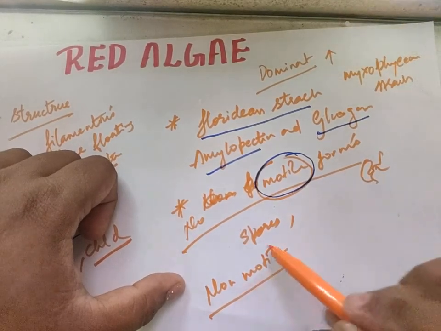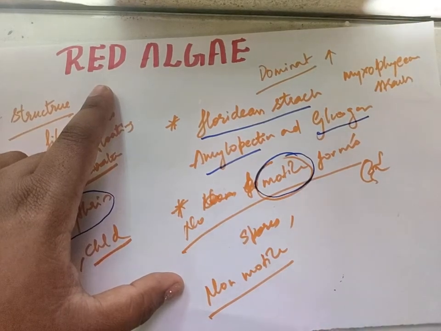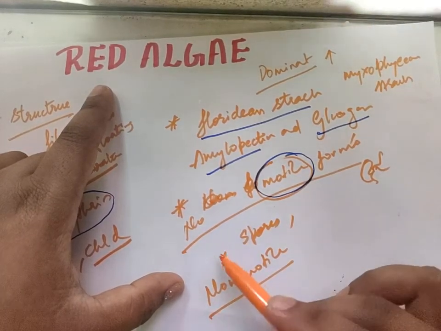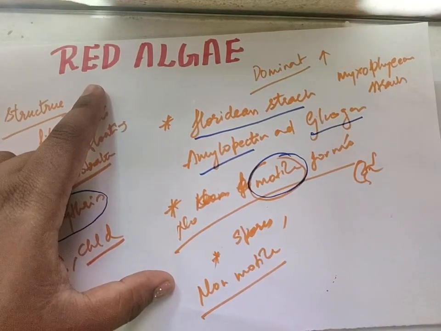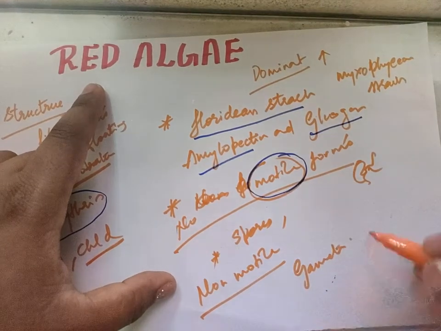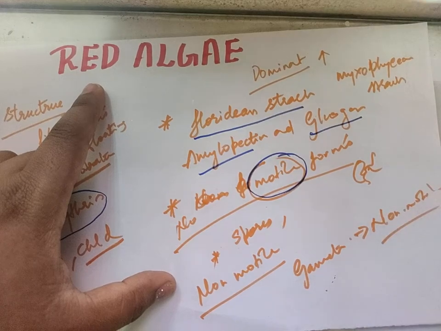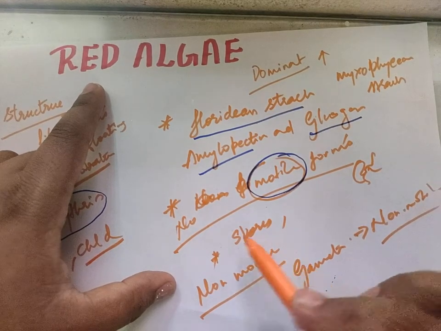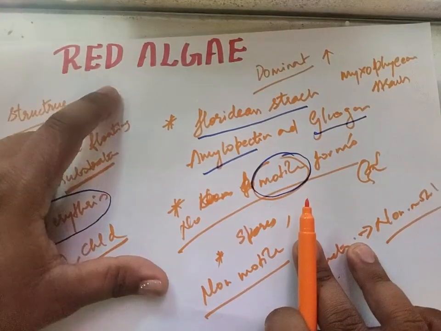But here carpospores are produced by the red algae, and they are non-motile. Even during sexual reproduction, gametes are formed, but they too are non-motile. Very important. Motile forms are not available in the case of red algae.